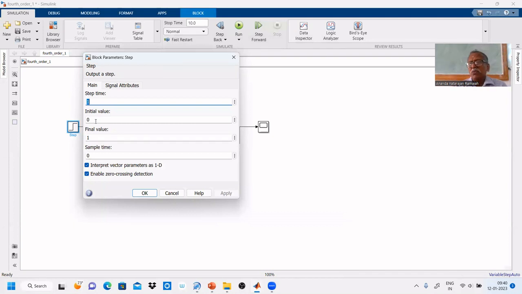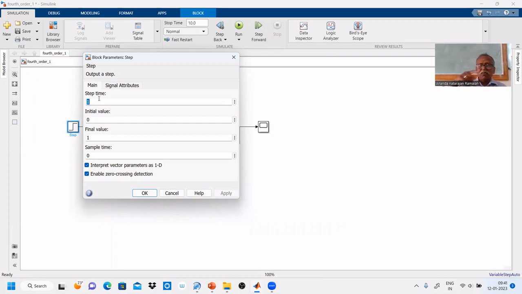Now we have to check whether the parameters are correct. The initial value is 0. For a step input, how does a step input look? It will look like this. Initially it is 0, then suddenly it becomes 1. At t equal to 0, it becomes 1 and remains 1. That is a step input. So to get a reaction curve, what we did in the level process: the nominal value is 50%, we changed it from the nominal value to 55.